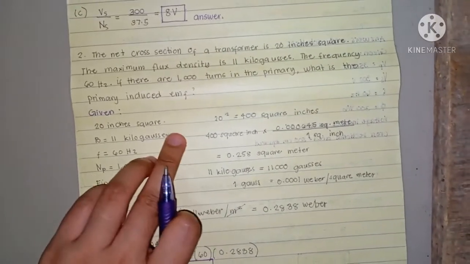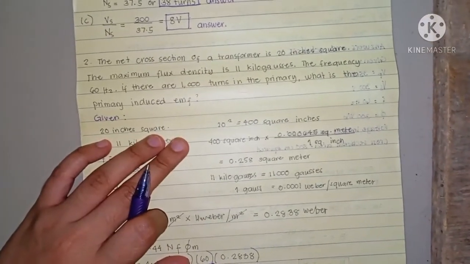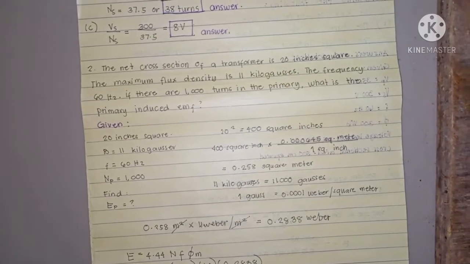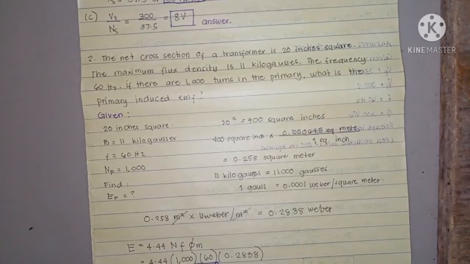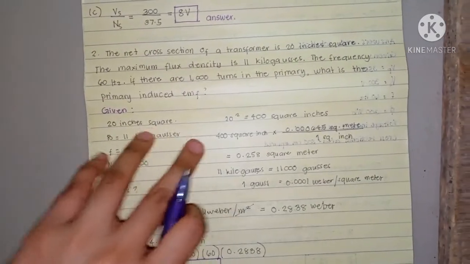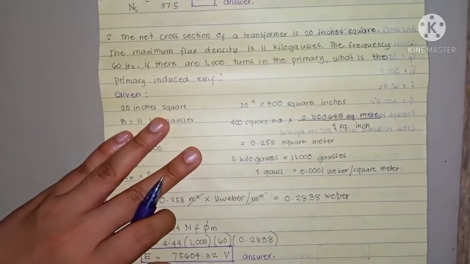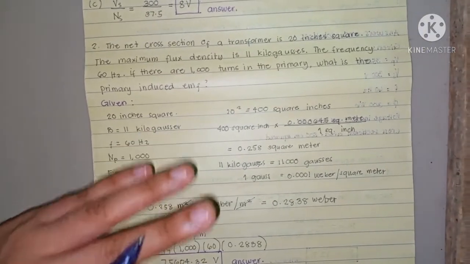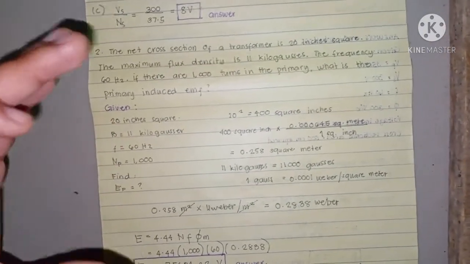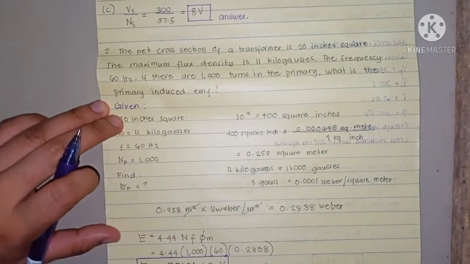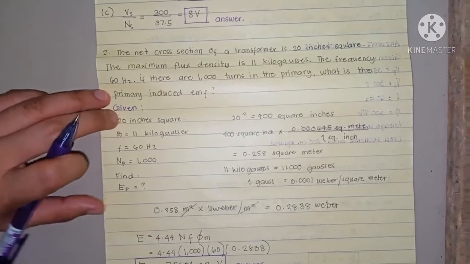Please be reminded that inches square is not equal to square inches unless it is 1, because inches square is actually a dimension. So in order to have it in square inches, we have to raise 20 by 2.